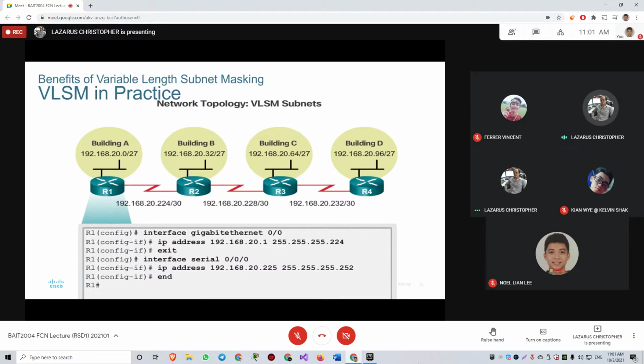So if you subnet a subnet, you borrow more bits, then the subnet mask will follow that prefix. So /30 thereby 252 for subnet mask.